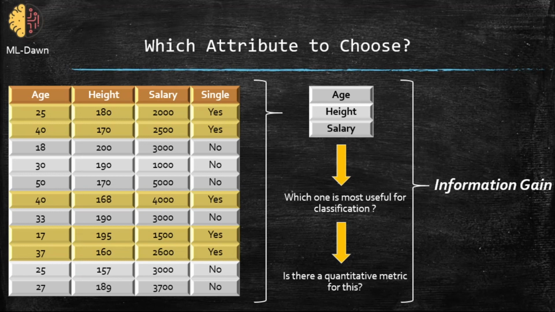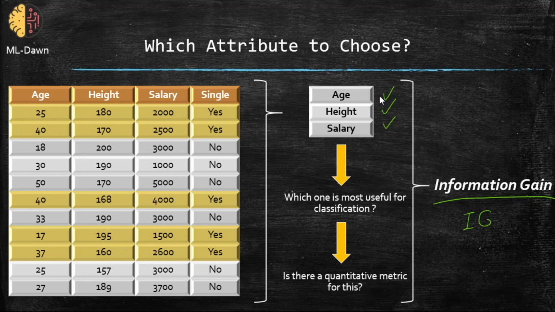Now the question is, how does the decision tree decide which one to select to start the splitting from? There must be some sort of numeric quantitative metric so the decision tree can figure out which one of these is worth more. Is it age? Is it height? Is it salary?